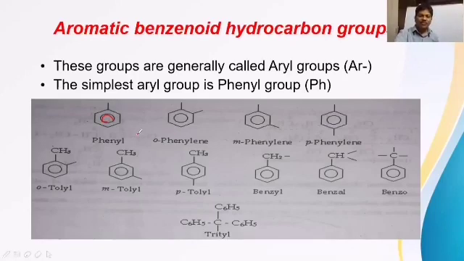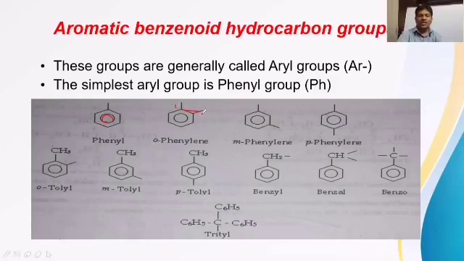Next, orthophenylene. Why is it called phenylene here? Because 2 hydrogens are removed from benzene. In the previous case, benzene minus 1 hydrogen; here, benzene minus 2 hydrogen atoms. So it is called phenylene. Suppose this is the first carbon and this is the second carbon.